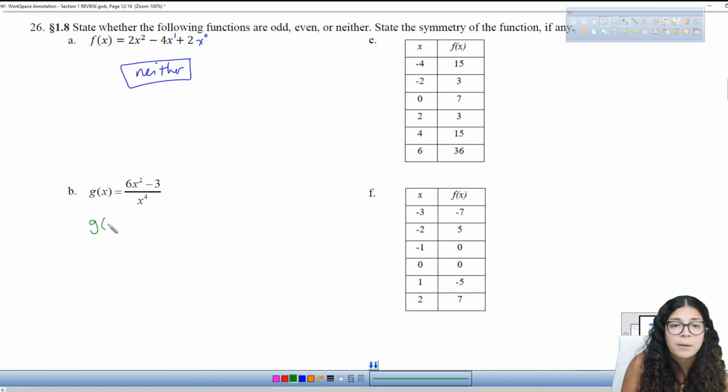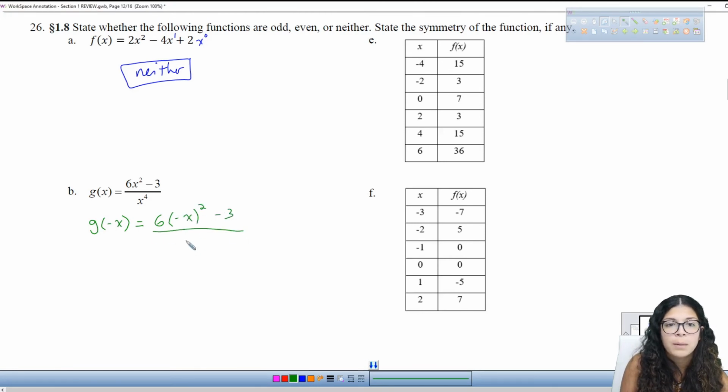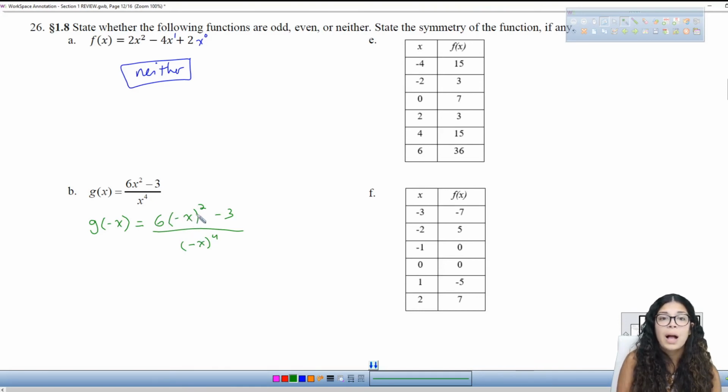So remember, first plug in negative x. So 6 times negative x squared minus 3 over negative x to the power of 4. And then we're going to compare these two. I have to simplify it first. Negative x squared, 2 copies of any number would still be positive, right?